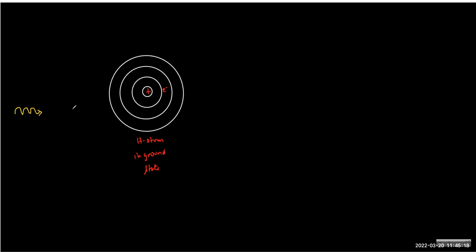Let's say this is a photon with energy h nu, and whenever there is energy, we have a momentum. So we say momentum is h by lambda. This is a stationary atom.